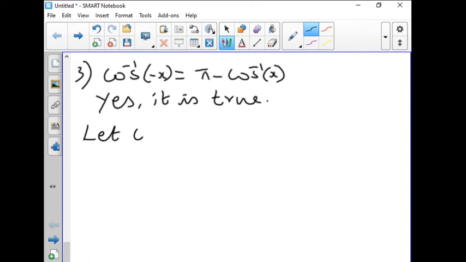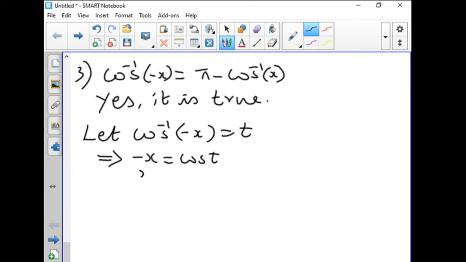Let cos inverse of minus x be equal to t. From this, taking cos to the other side, you get minus x is equal to cos t. So we can also write this as x is equal to minus cos t.